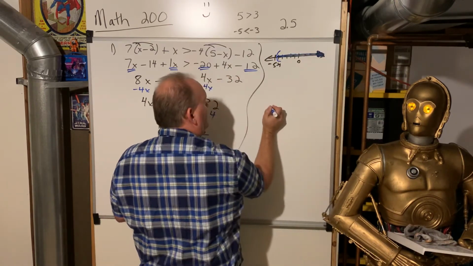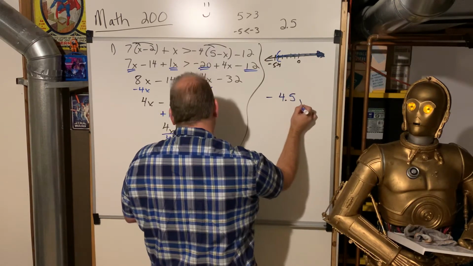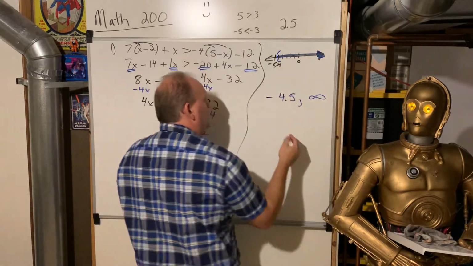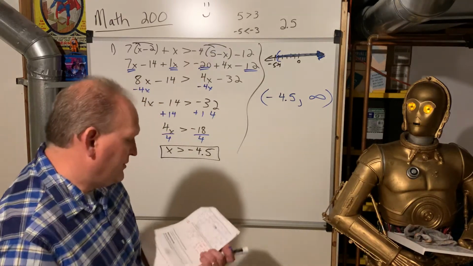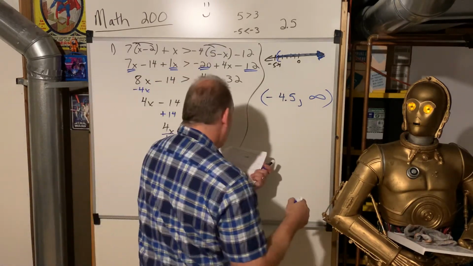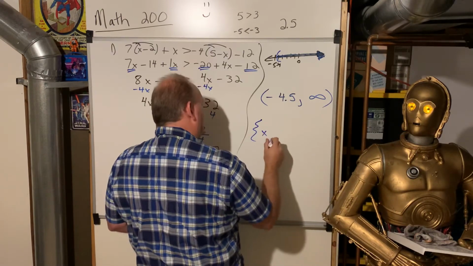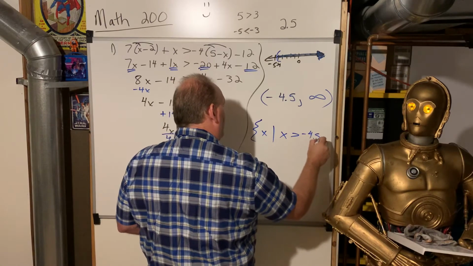Interval notation then is negative 4.5 to infinity, right? It's going off to the right. And they both get a parenthesis. Infinity always gets a parenthesis. The number gets one because it's a greater than sign. And then the last thing, set notation is just x such that x is greater than negative 4.5.